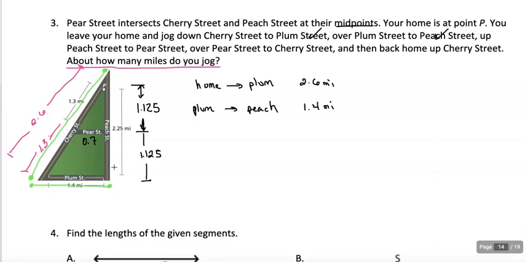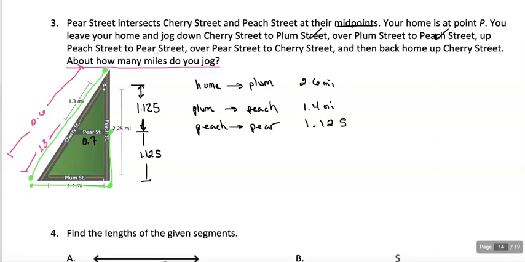Then you go up Peach Street to Pear Street. So you're going from Peach to Pear, and you're traveling 1.125 to get there.